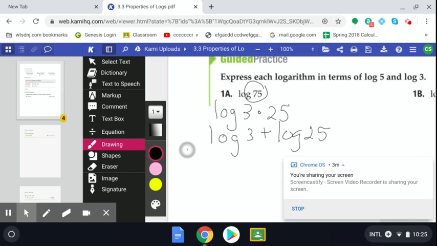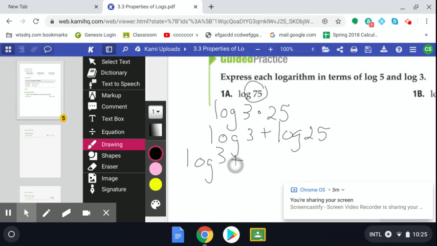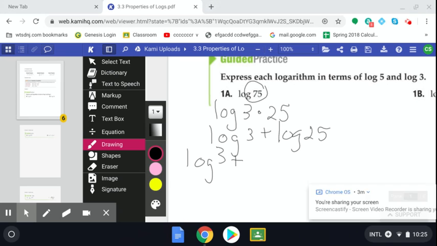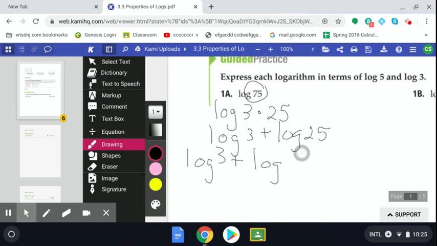So I can do log, sorry, log base 10, it's a common log, of 3, plus log 5 squared. And then I can use the power rule and pull the 2 up front. That's the power rule. And my final answer would be log 3, sorry, I keep saying base 3, it's not base 3.